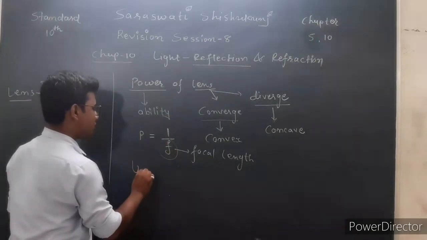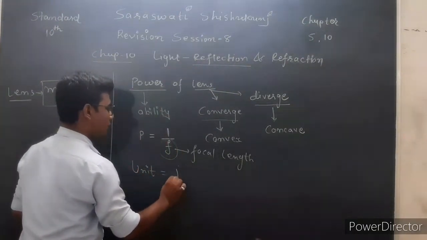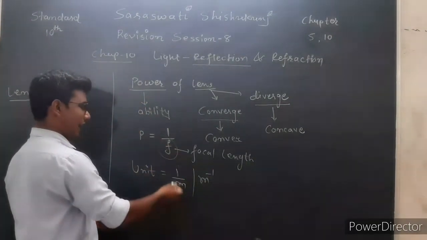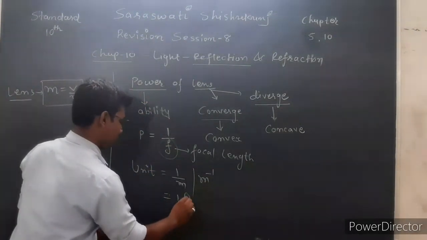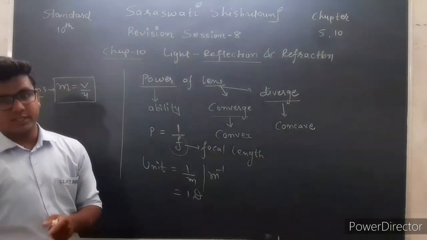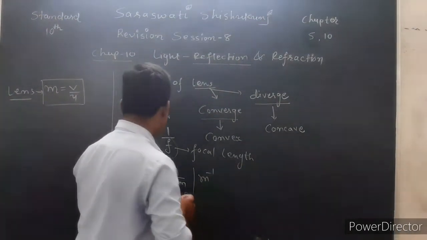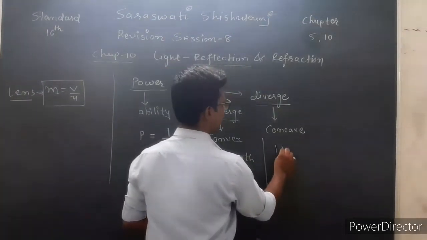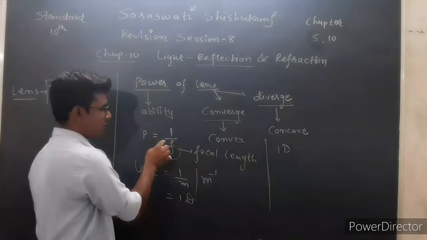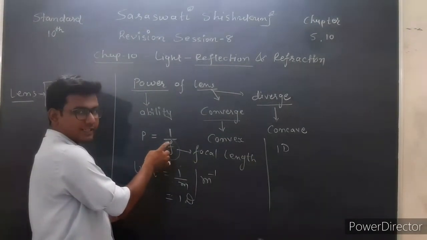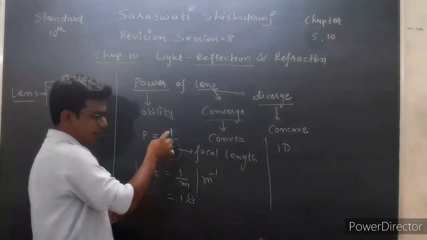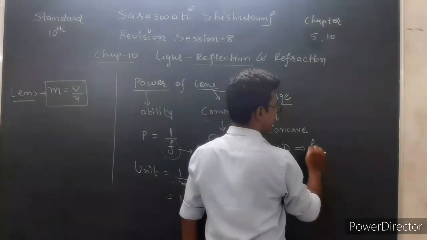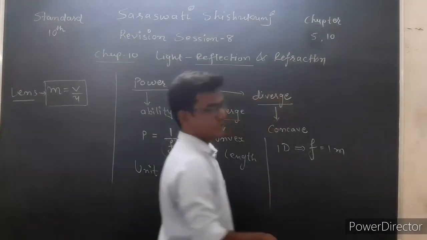So according to that, its unit will be 1 upon meter, or we can also call it meter inverse, and this is also called 1 diopter. So we can say that 1 diopter power is there when the focal length of a lens is 1 meter.